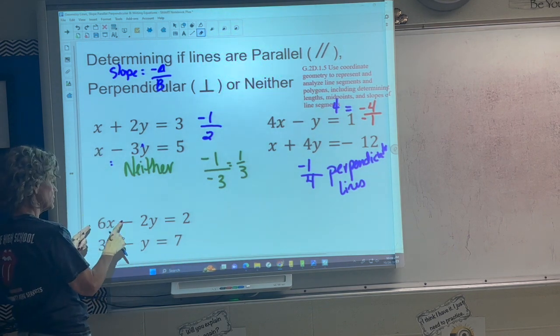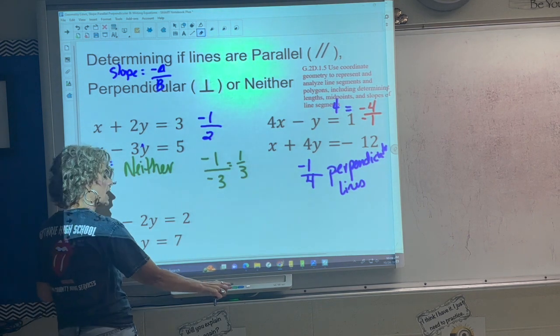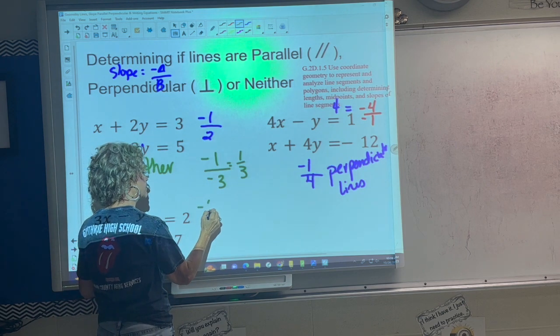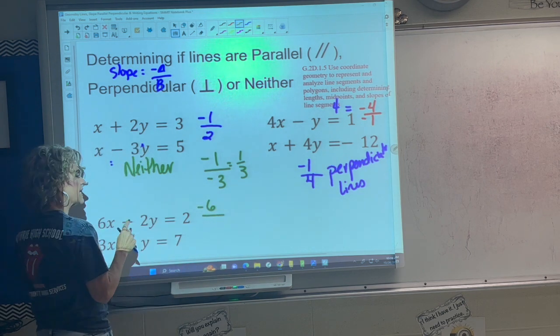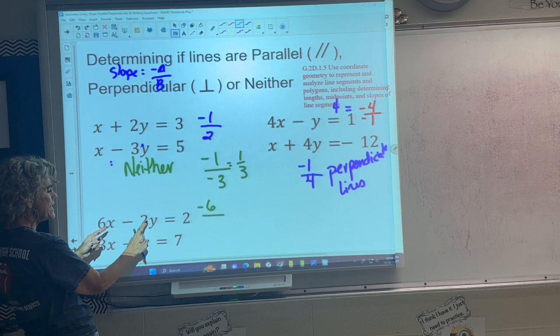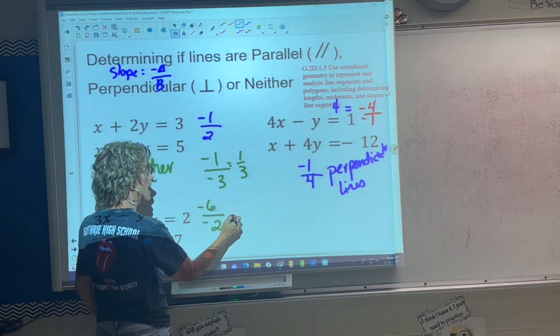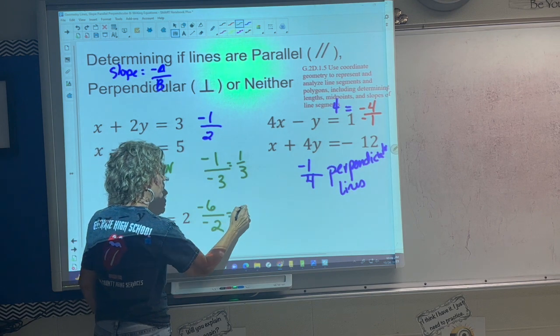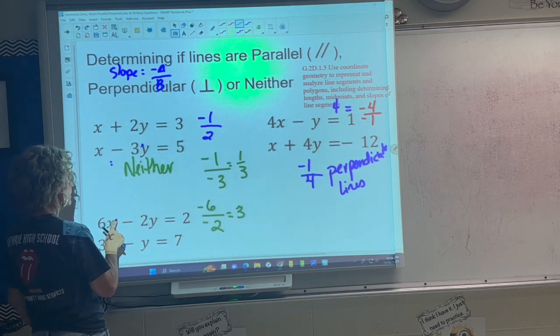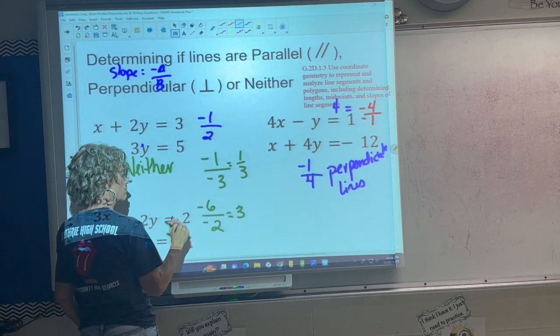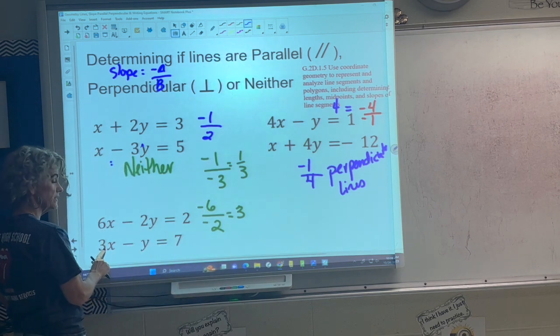So on this one right here, A is 6. The opposite of a +6 is a -6 over B. B is your coefficient of Y, -2. Negative over negative make for a positive. 6 divided by 2 is 3. So the slope of this line right here is 3. Now we have to find the slope of this line.